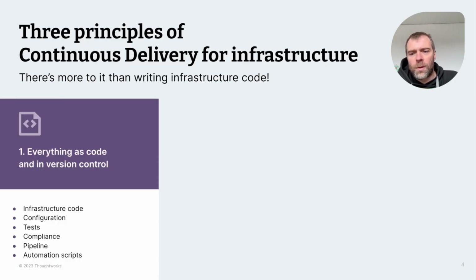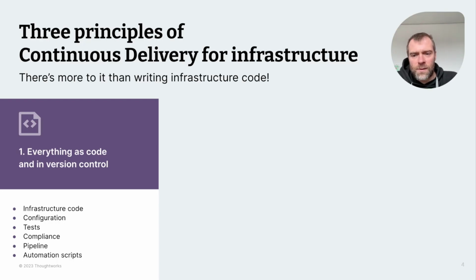So the first principle, and I hope this is clear, is that to get started with continuous delivery for cloud infrastructure, first of all, you have to make sure that everything is in code and in version control. And by everything, we mean, of course, the infrastructure code as such, but also all configuration, be it for the tooling or be it to separate different environments like production, pre-production, test, development.